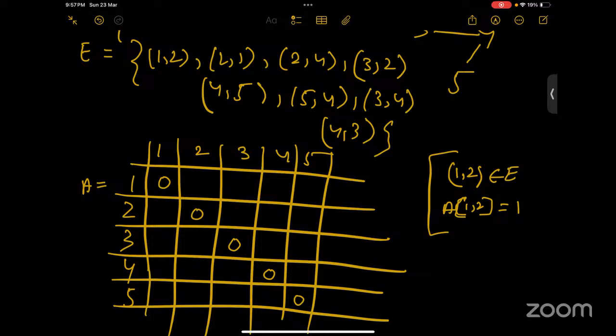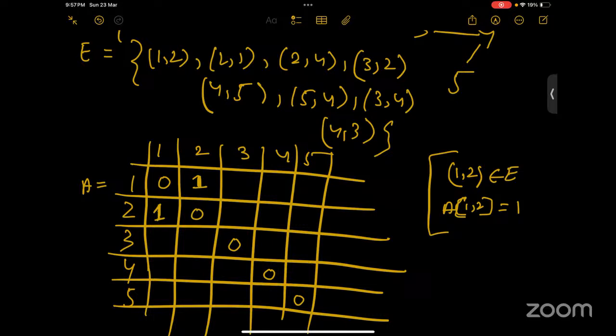That means this entry will be 1. Again, 2, 1 is there, so this entry will also be 1. Next, what about 1, 3?